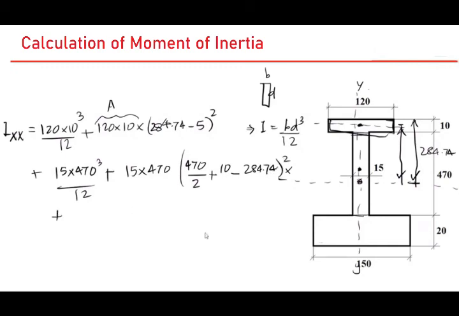And similarly for the last area, you get 150 times 20 cubed divided by 12 plus 150 times 20 times the distance.